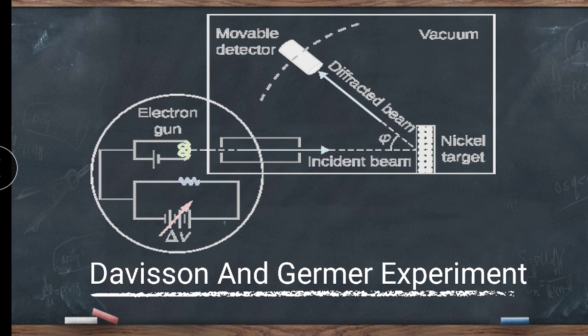For 54 volt we get the maximum intensity. We know that we are applying voltage over here, so for 54 volt we get the maximum intensity, and simultaneously we are noting the reading of phi, and for 54 volt we are getting phi equal to 50 degrees. So we are going to use this in the next slide.